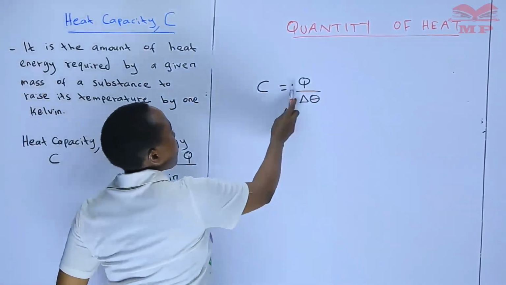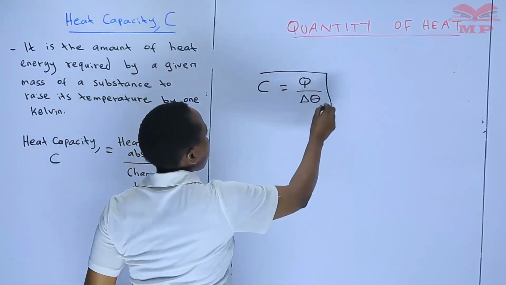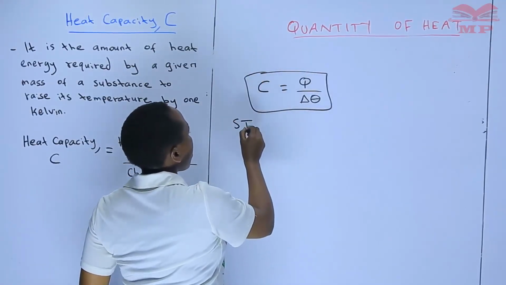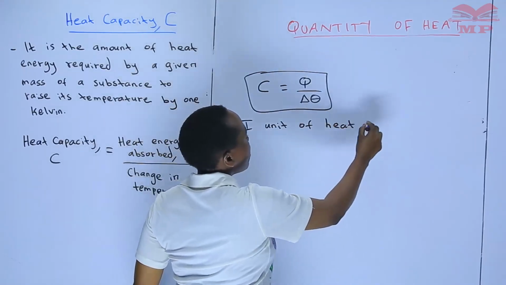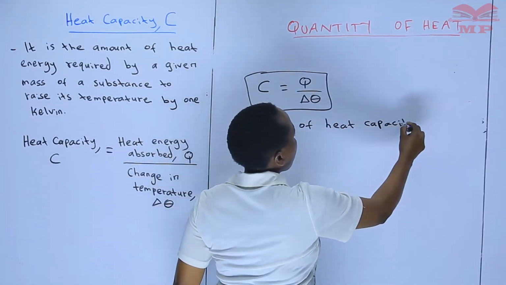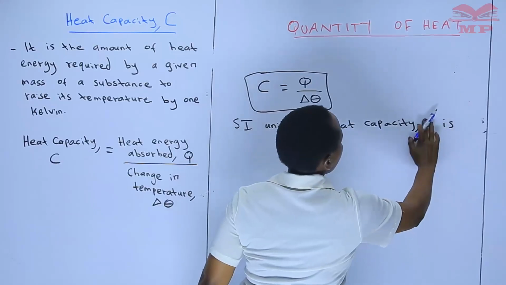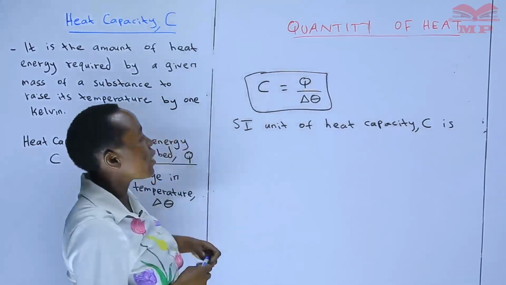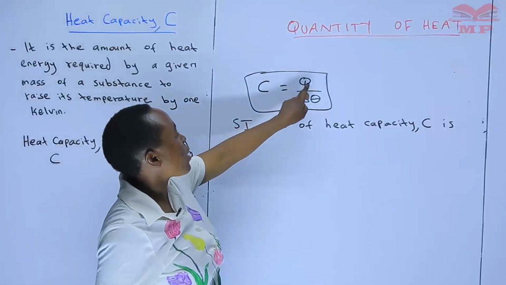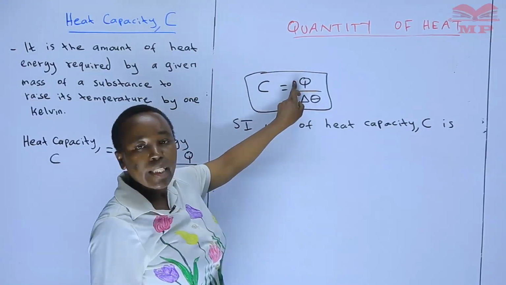And therefore, from this we can get the SI unit of heat capacity, C, capital letter C. We can get it from the formula. What are the units of heat energy?